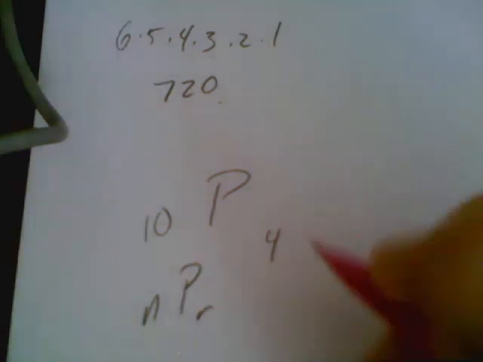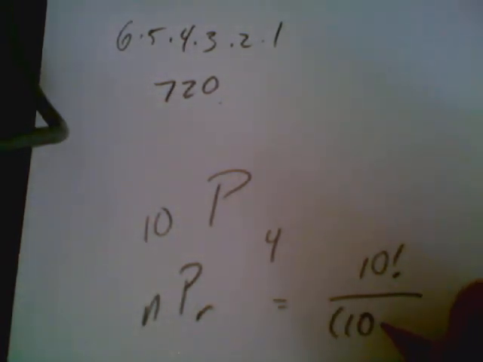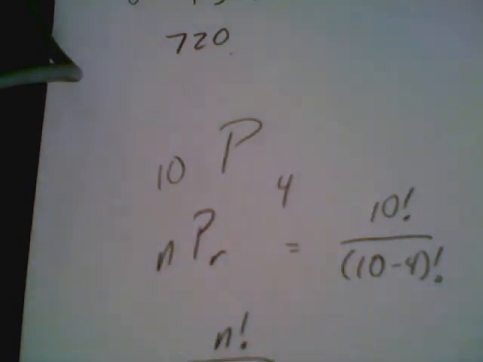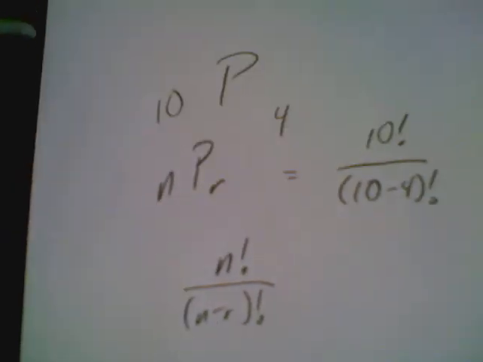The way we do this mathematically is 10 factorial over 10 minus 4 factorial. The actual formula is n factorial over n minus r in parentheses factorial.